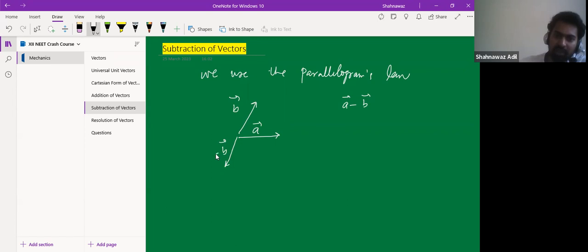So this is minus B. Now you use the parallelogram law and draw the parallel. This is A, this is minus B, and this will be your A minus B. Understood?